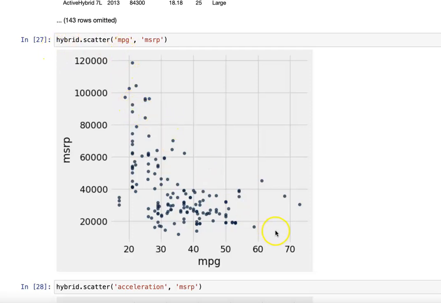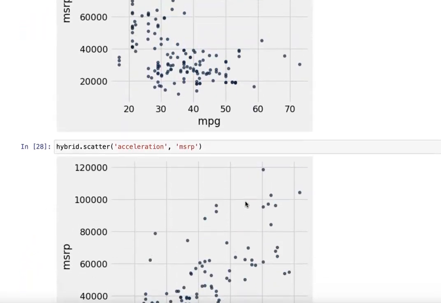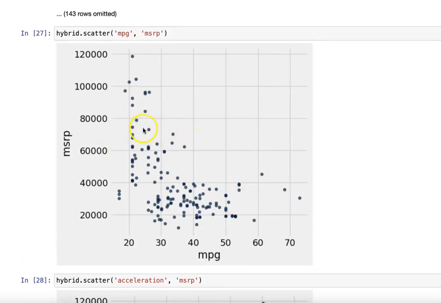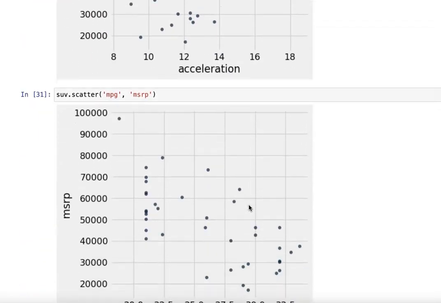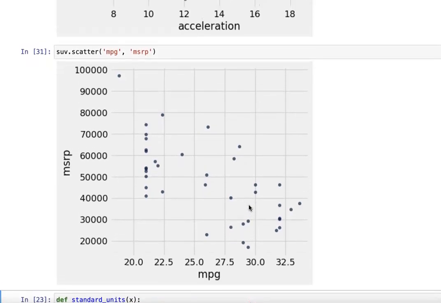We can see the negative association, but we don't really see a linear relationship. Possibly that's because we have all different classes. If you have a smaller car, it has higher gas mileage, but its MSRP is much cheaper. But now if we only have the SUVs, the gas mileage and the MSRP do have a negative association, and here you can see the linear relationship is much better.